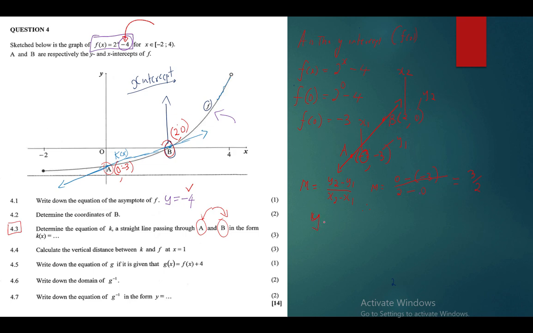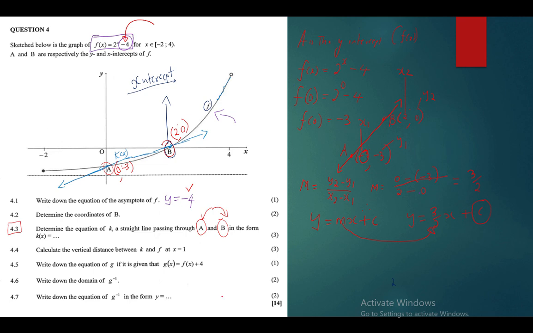You say y equals mx plus c. This formula is there on your information sheet. You can say y equals 3 over 2, your m. Remember your m, your gradient, is 3 over 2. You now need to come up with a strategy of finding this c here.